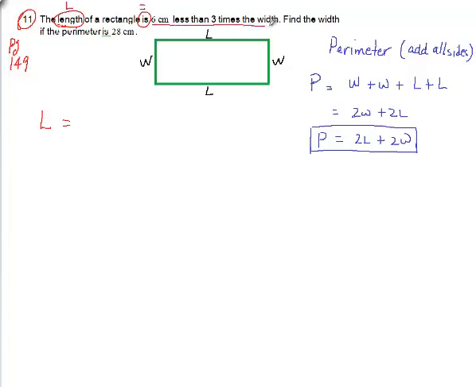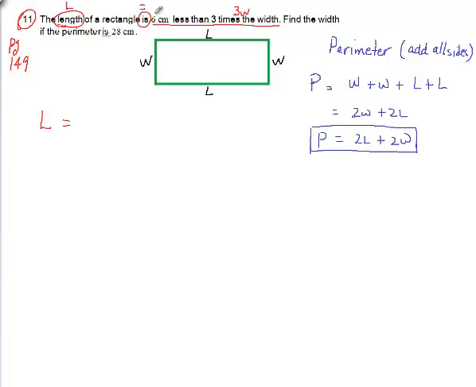Now this is where people will make a mistake. Order is important when using less than. The less than part has to come behind the variable, because with subtraction, order is important. So 3 times the width is 3W.